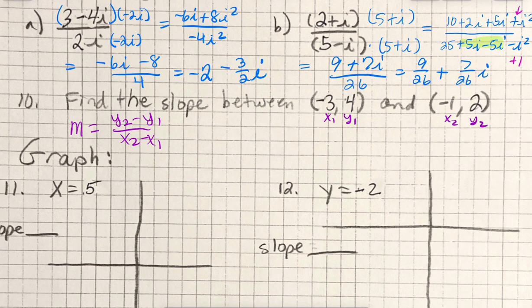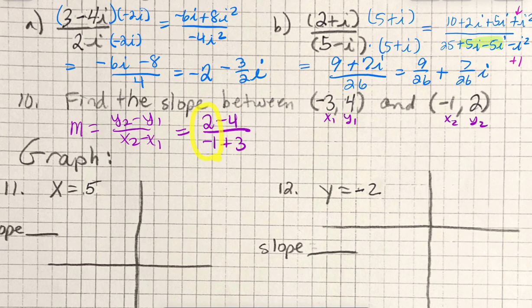And so if we subtract the y's starting with y2, we get 2 minus 4. If we subtract the x's starting with x2, we get -1 minus a -3. So you might notice that always changes sign. So that's going to become +3. Now I always glance for a moment at the setup.